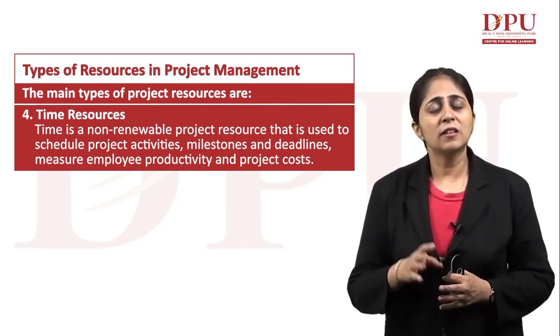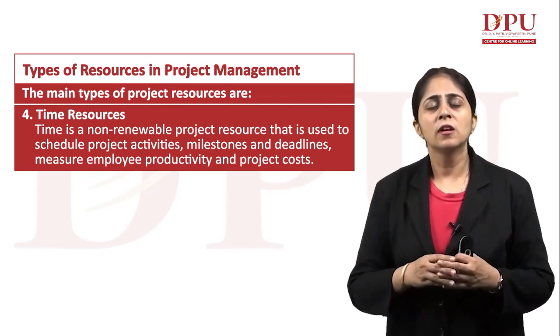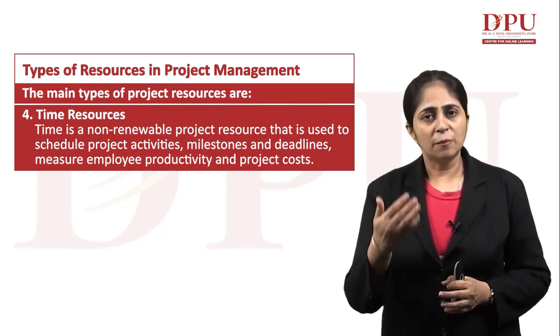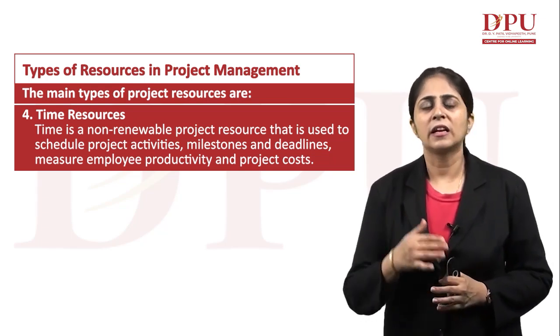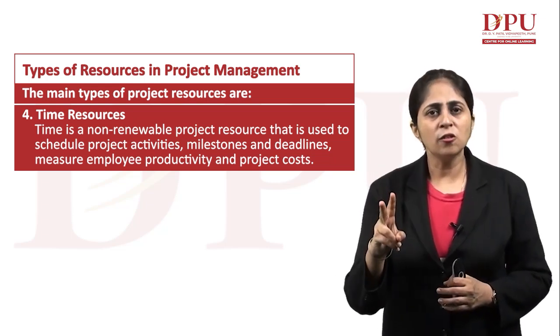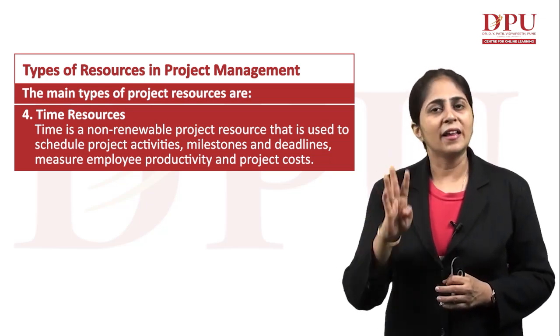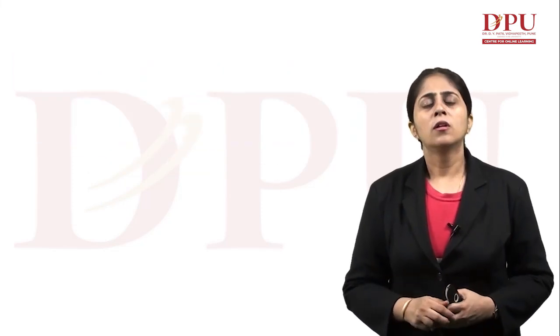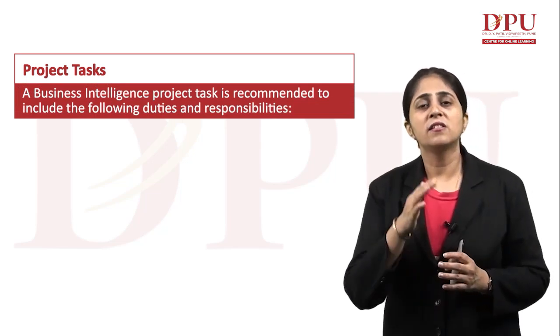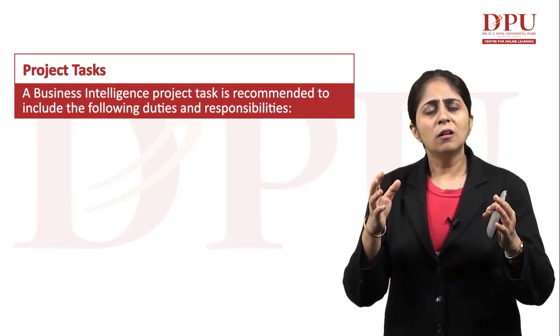So time resource is the fourth most important resource that is required for project management. So the basic 4 resources that are required for project management: human resource, financial resource, material resource and the time resource.